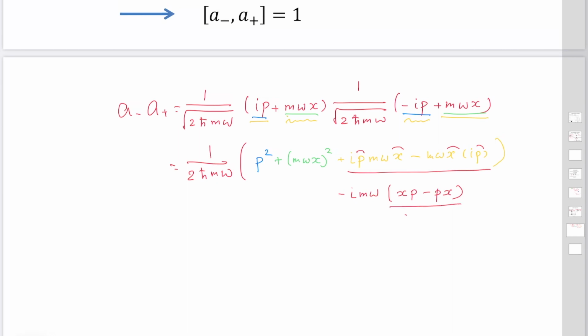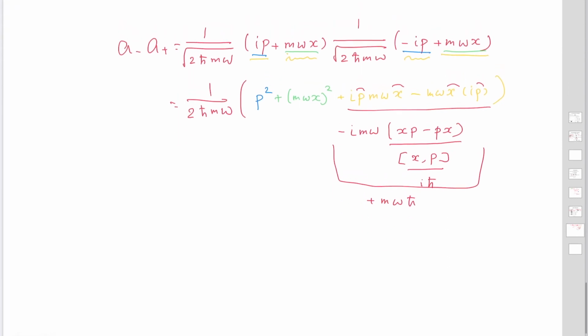This is exactly equal to the commutator of x and p. And the commutator of x and p, we have discovered, is i h bar. Then this part becomes plus m omega h bar.